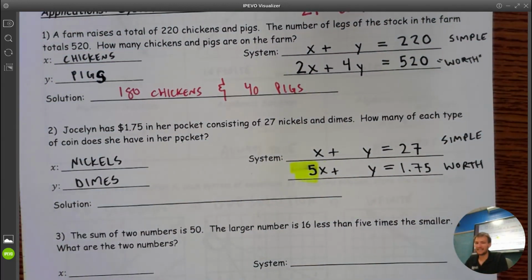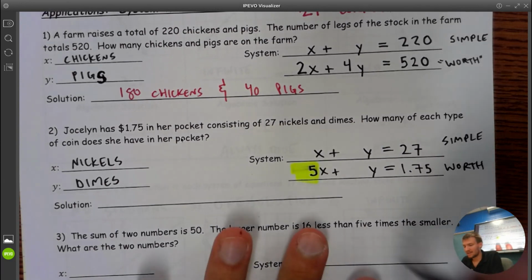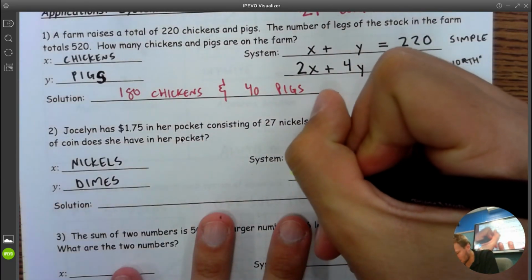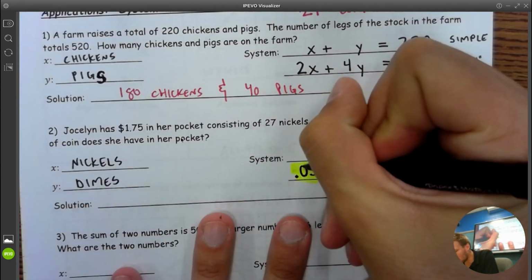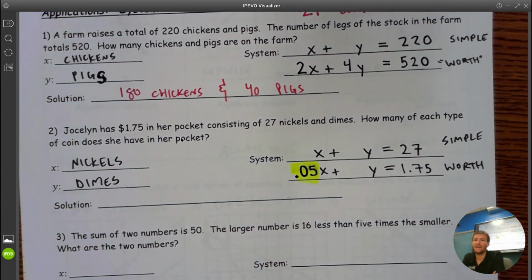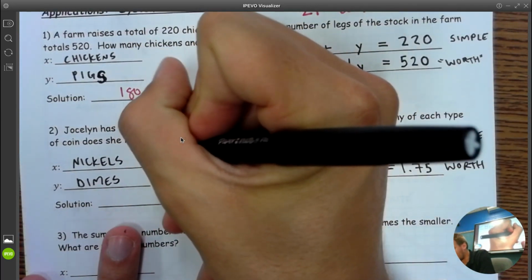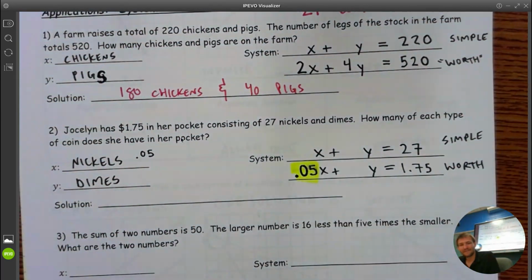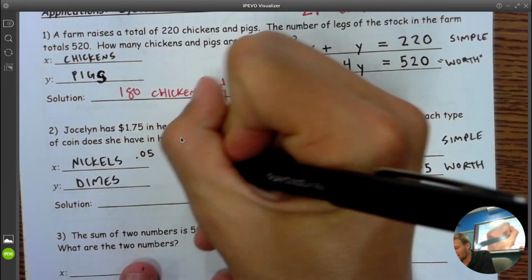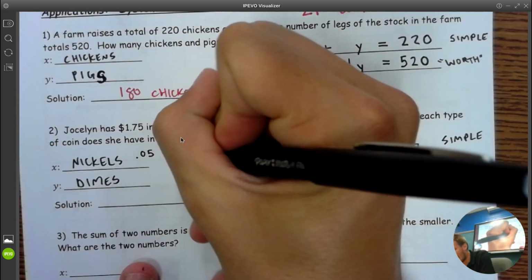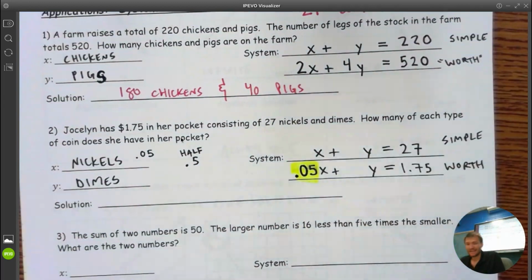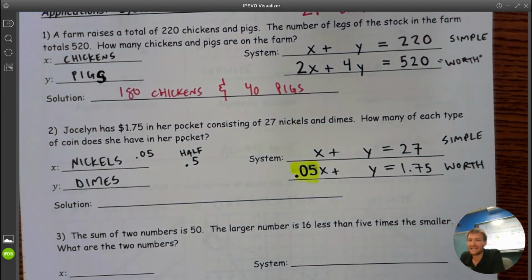We need a decimal. Remember, 0.05 is a nickel, because 0.5 is half, and a nickel is not half a dollar.